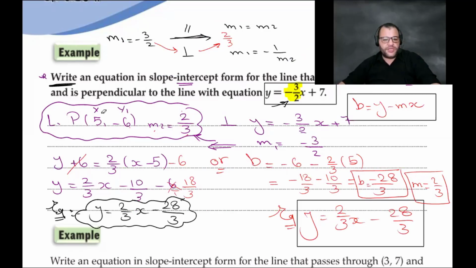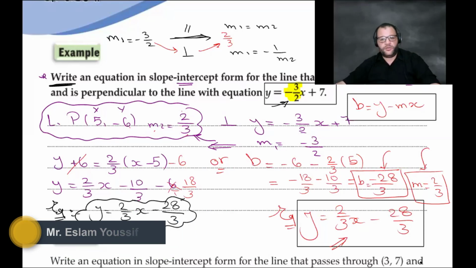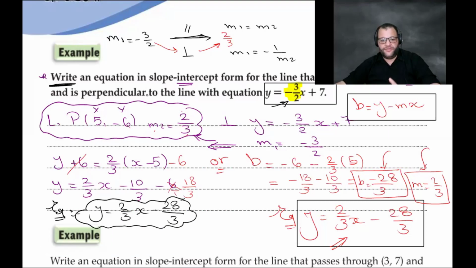This one is x and this one is y. Negative 6 minus the slope, which is 2 over 3, times x, which is 5. Then by solving, we find the value of b. And we have a slope, then we can write the equation. Is that clear or not? If you need me to explain it one more time, no problem for me.